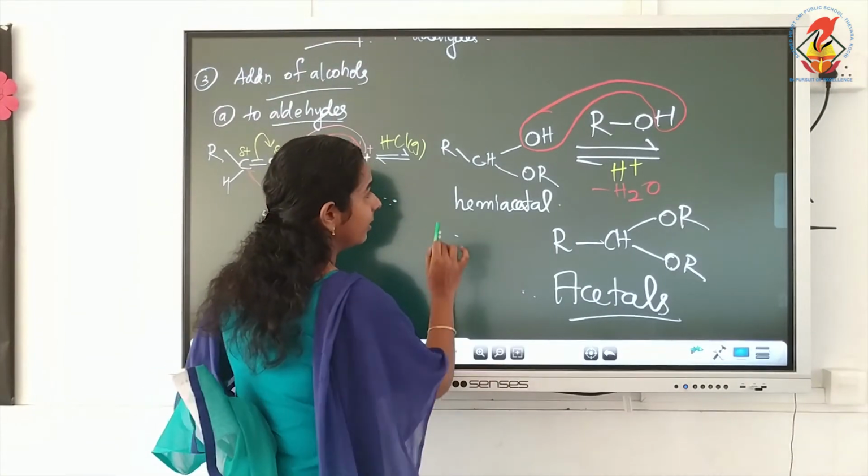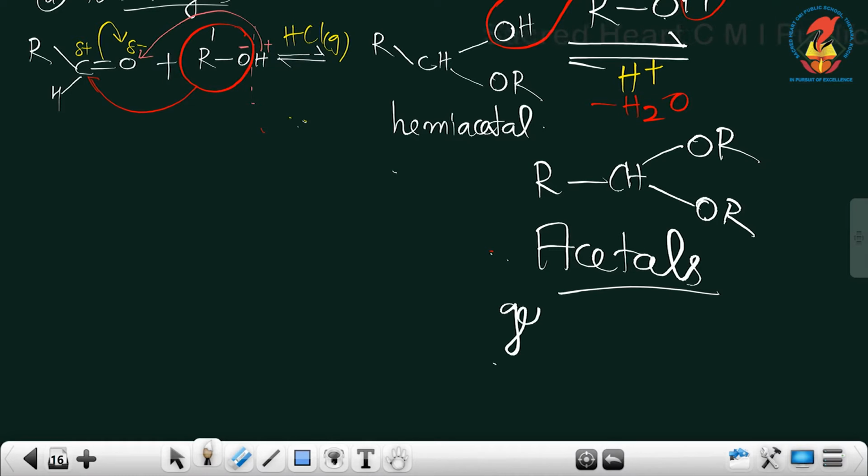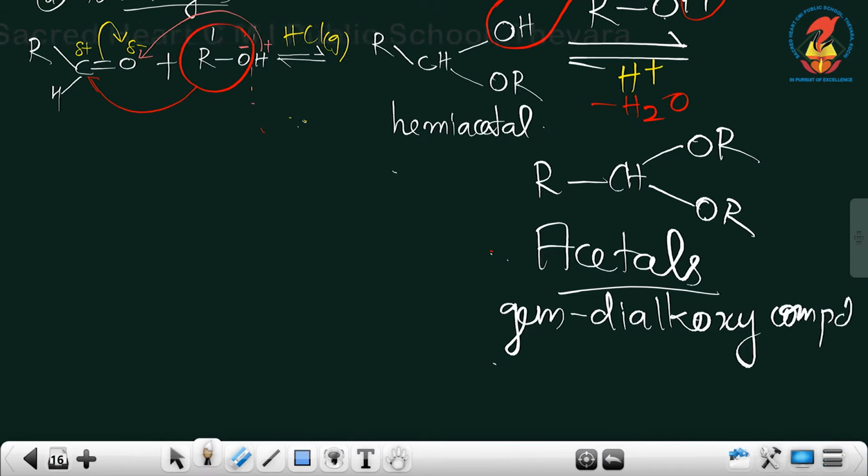So, another name for acetal is geminal. How to write geminal? G-E-M hyphen, use small letters only. Geminal dialkoxy compound. Another name is acetals.